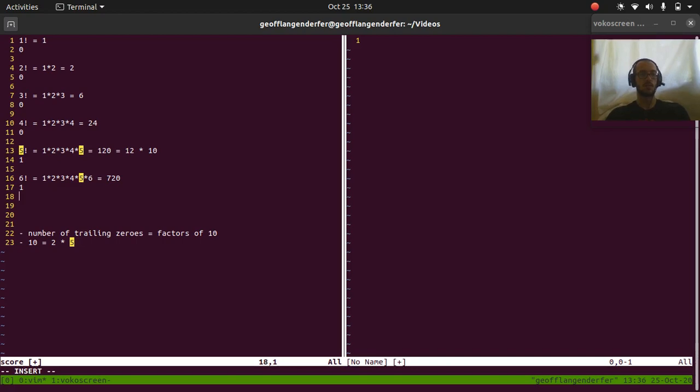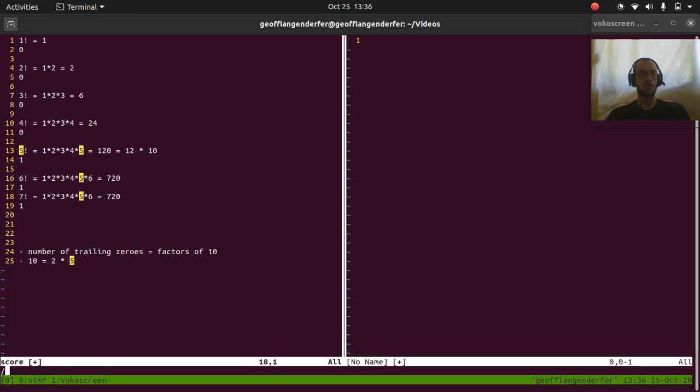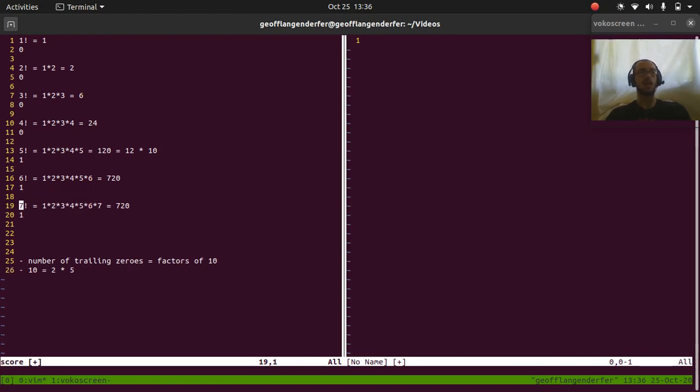Let's do 7. So there's 1 2-and-5 combo in this, so there's only 1 trailing 0. We're not going to get another 5 until we get to 10.